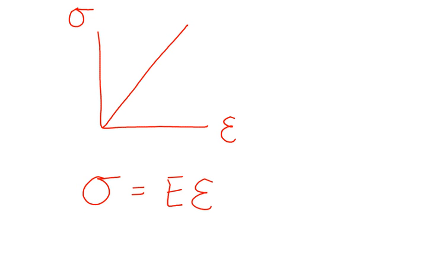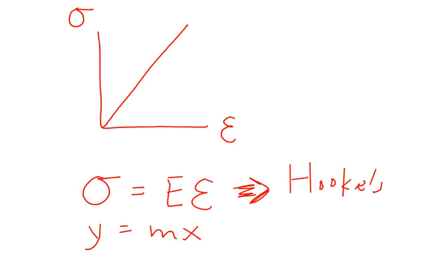We said the slope is Young's modulus, or E. This is y equals mx, if you will, the equation of a straight line that starts at the origin. This equation is referred to as Hooke's law, named after a person again. It is one of the most fundamental equations in mechanics of materials.